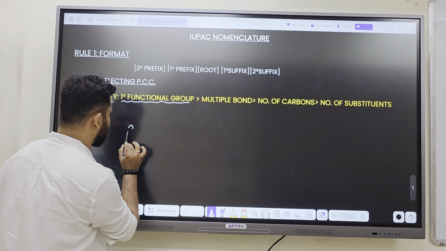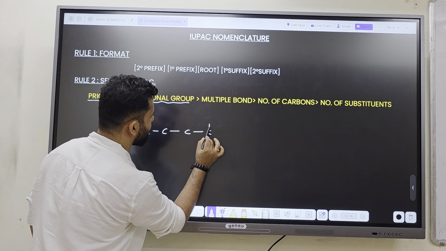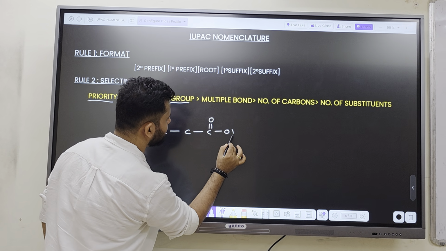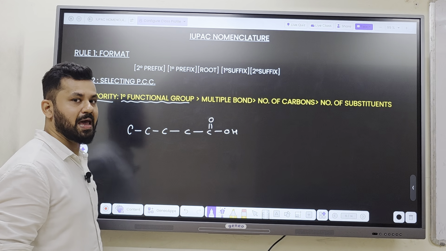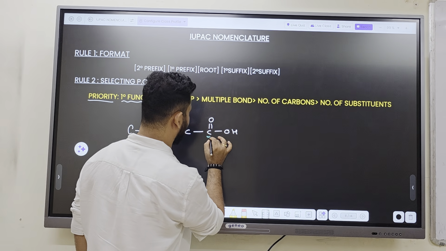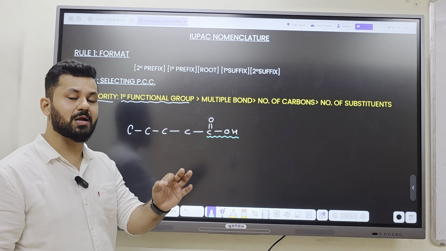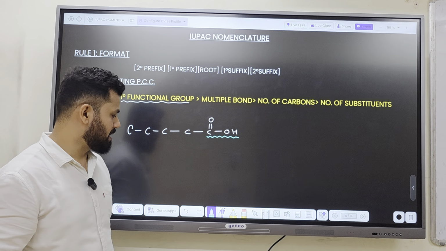So let us have this carbon compound. This particular carbon compound has only one functional group, and our first job is to identify it, COOH. This is our functional group called carboxylic acid.